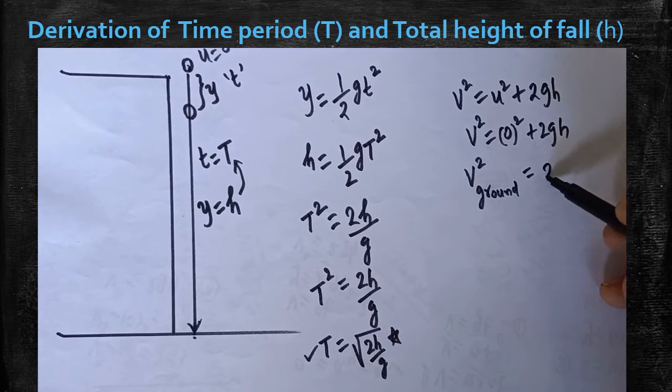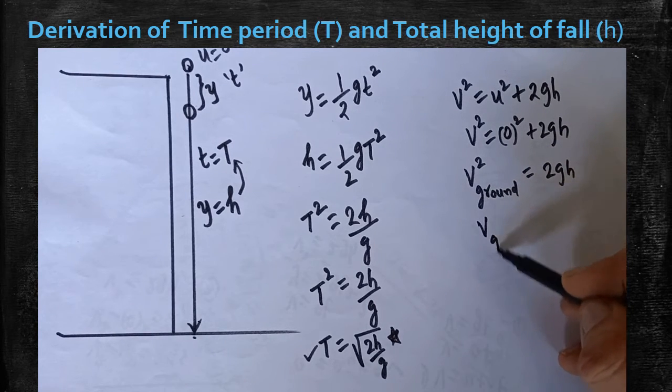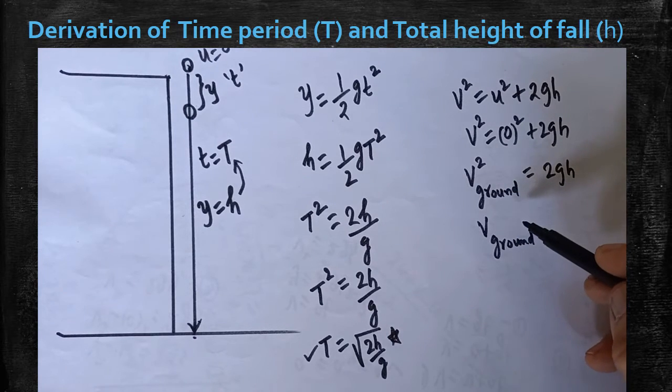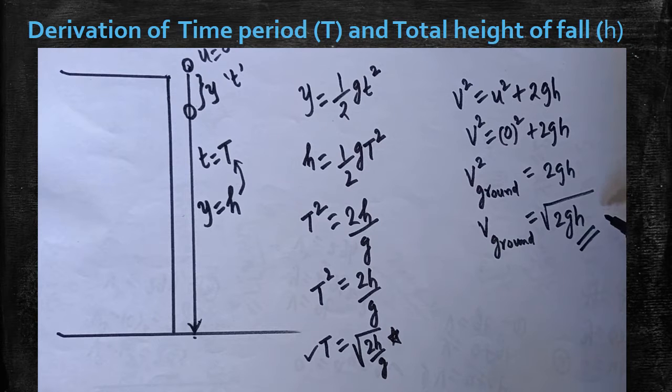V square is 2gh in the next step. Take the square root, and you will get v ground. V ground means when the body strikes the ground, it will have some velocity, which is the square root of 2gh. So this is the formula to calculate the velocity with which the body strikes the ground.